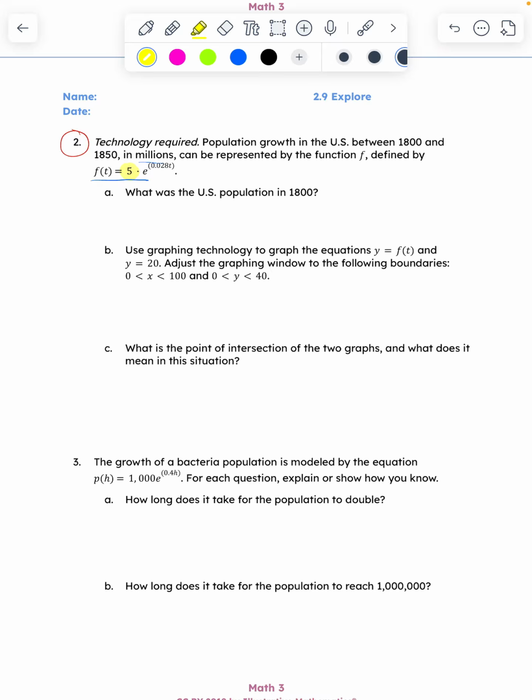We notice that because we have e as the base of our exponent. So our starting value, which is the population in 1800, is that 5. And this is in millions. So our final answer is going to be 5 million people.